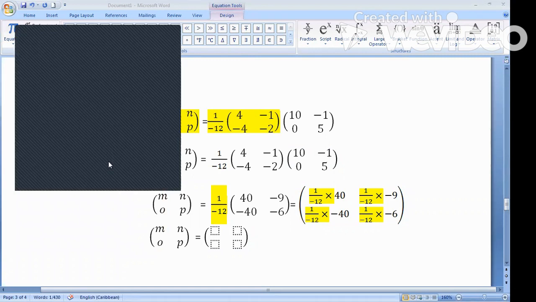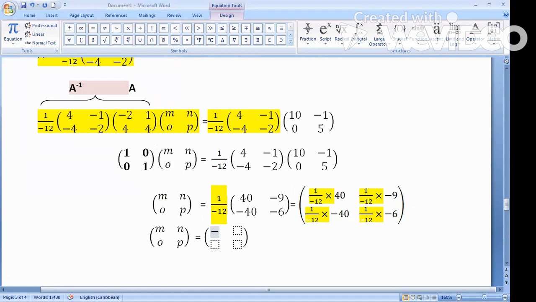So 40 divided by negative 12 is negative 3.3. So this one is negative 3.3. Over here, two negatives when divided. Yes? So what if I have negative 3 and 1/3? Same thing, right?